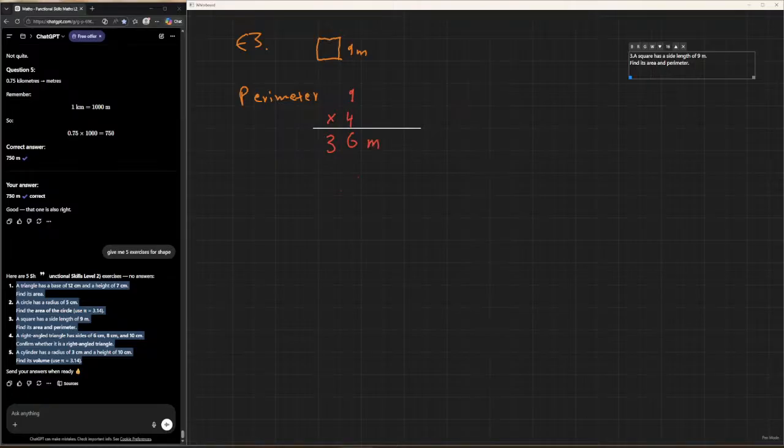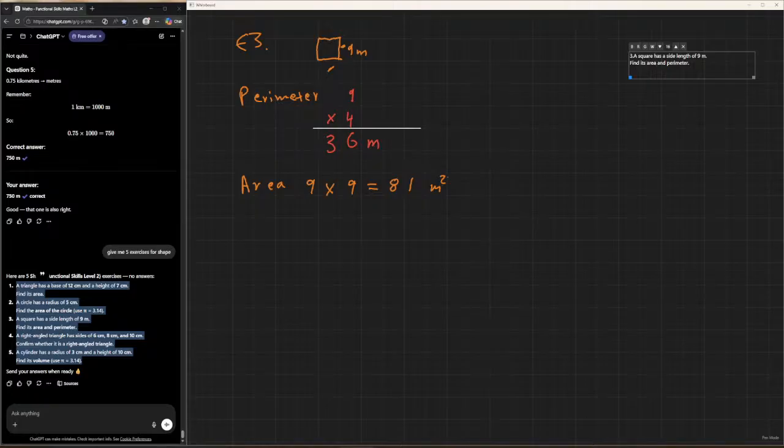Meters, and then to find the area, we multiply this side with this side. So 9 times 9 is 81 meters squared. Remember, when we have area it is squared, power 2.